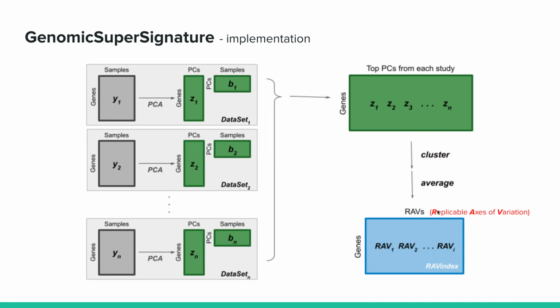So they're replicable because they are identified in at least 2 studies, either 2 studies in the database or 1 study in the database and the study of interest.